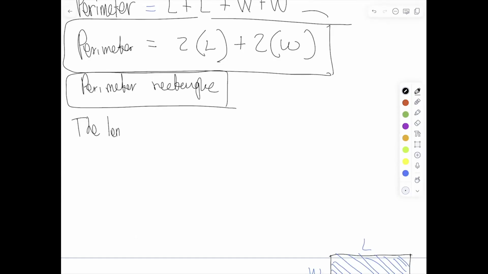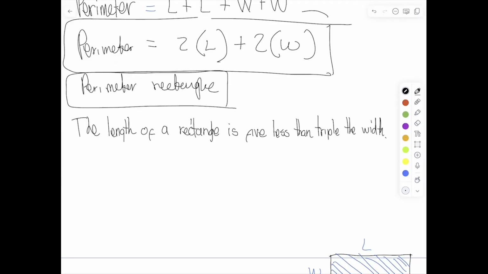So here's the word problem. The length of a rectangle is 5 less than triple the width.